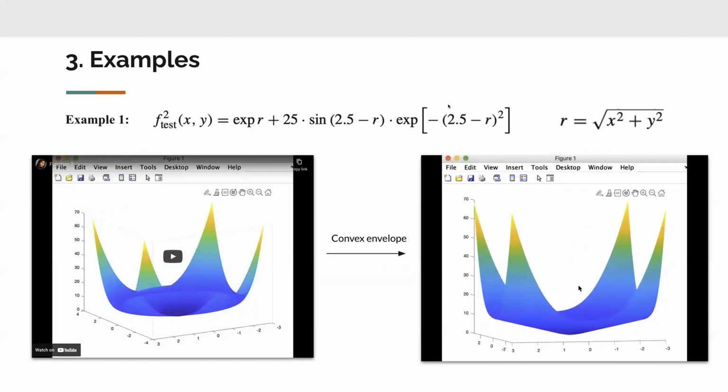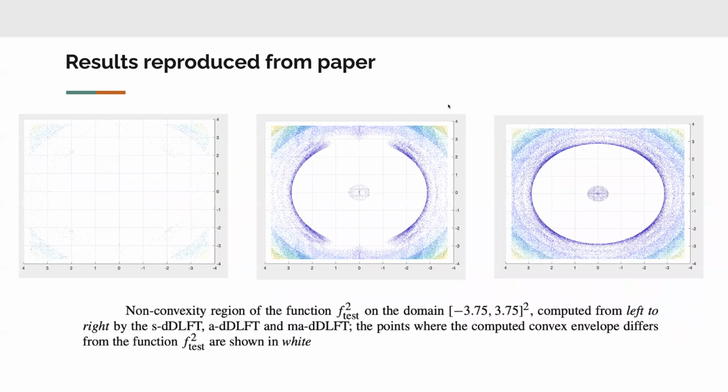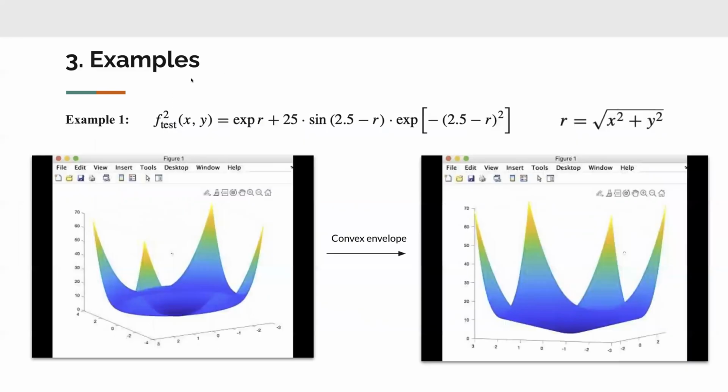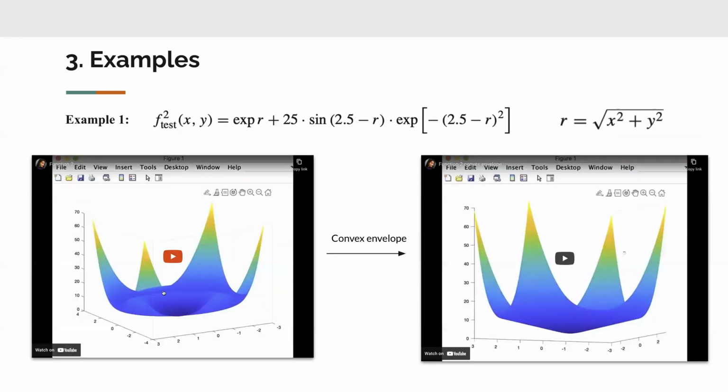Now, I have reproduced this as well from the paper using my MATLAB code, where what we are trying to do is find the non-convexity region of a given function. As we saw in this circle part is obviously non-convex.